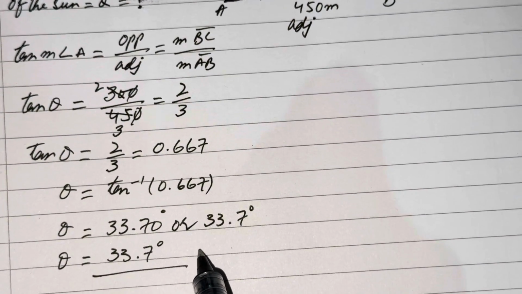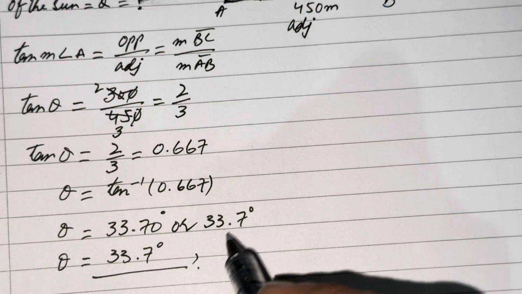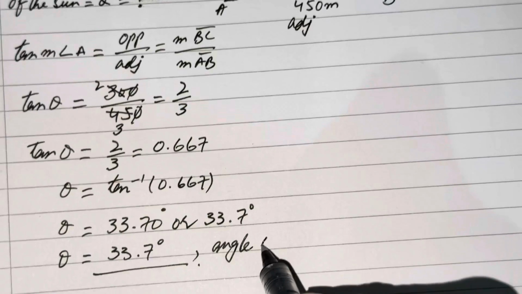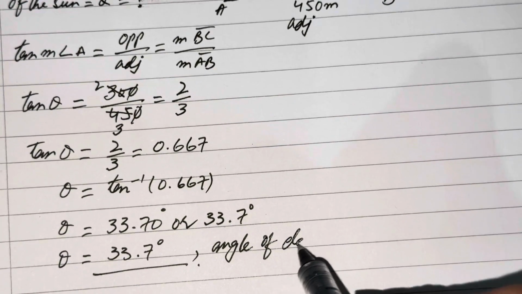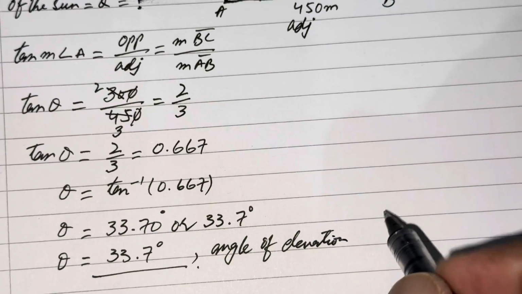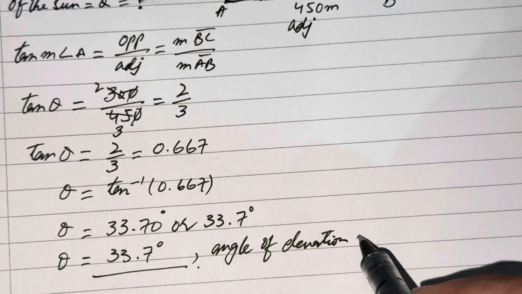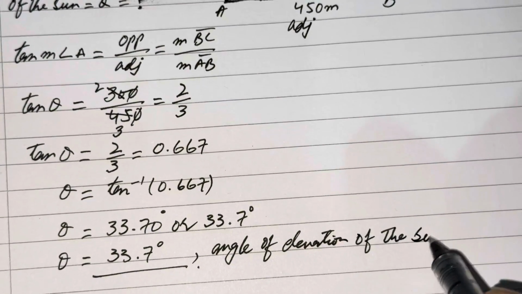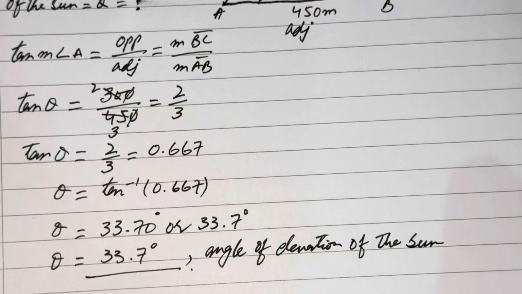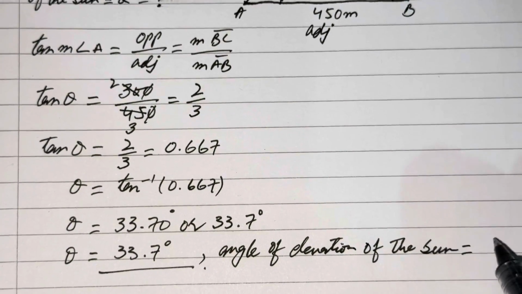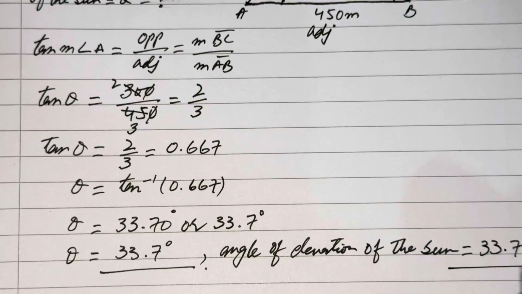The angle of elevation of the sun will be equal to 33.7 degrees.